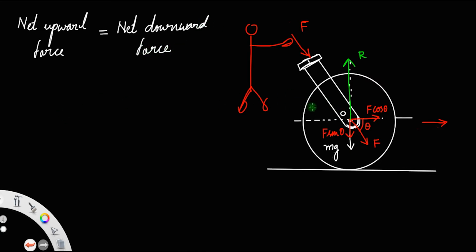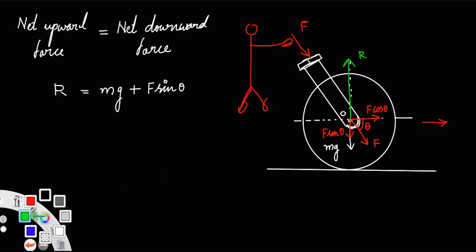The upward force acting on the roller is R, but there are two downward forces. One is the weight mg, plus F sin theta. Clear?